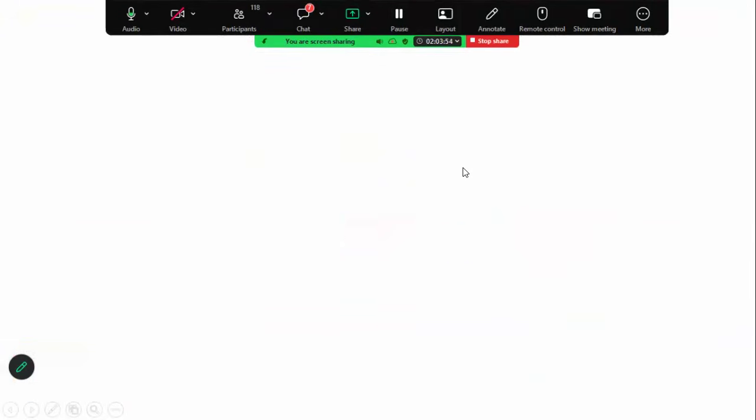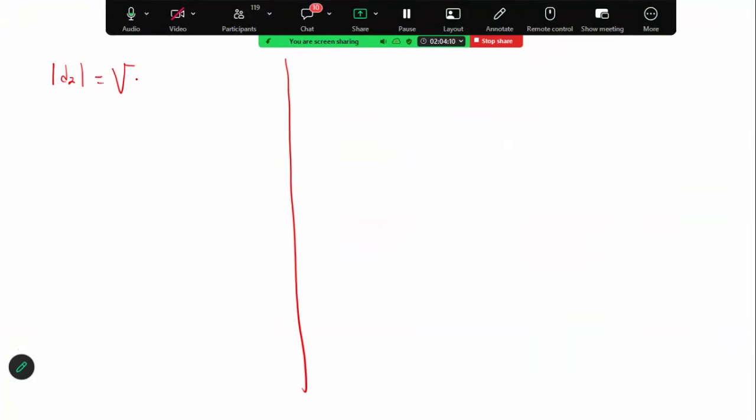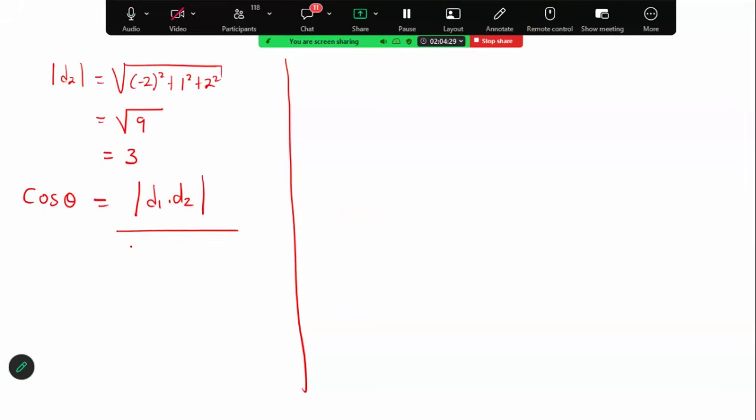Okay, so members, we are going to continue and complete. Now after that, we are also going to get for the second direction, the magnitude of D2. Here we had negative 2 squared plus 1 squared plus 2 squared. So this is going to give us root of 9, which is 3. Then you go back to your formula that cos of theta is d1 dot d2 over the magnitudes. Don't forget to put the magnitude of d1 and d2.